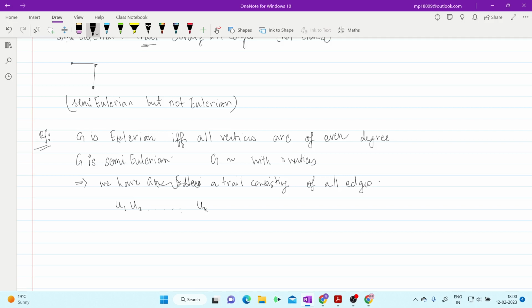Therefore it has a trail consisting of all edges, but U1 UK is not an edge, because we don't have the same initial and final point.